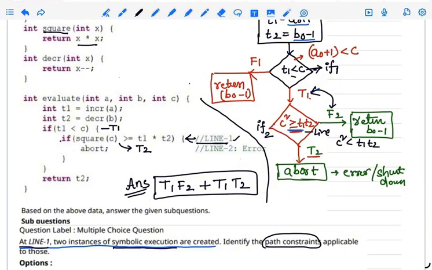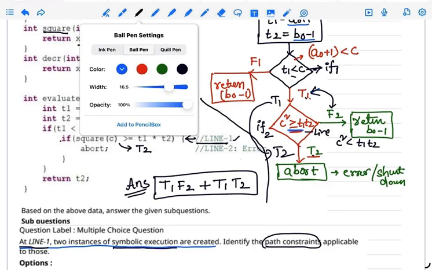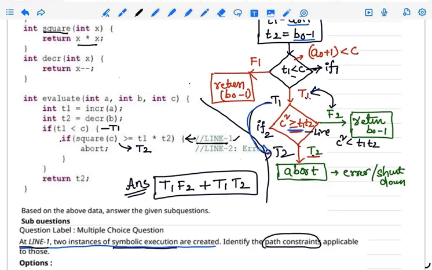For line 1 to be reached, T1 F2 is true or T1 T2. Both are summed: T1 T2 plus T1 F2. So this is the answer.